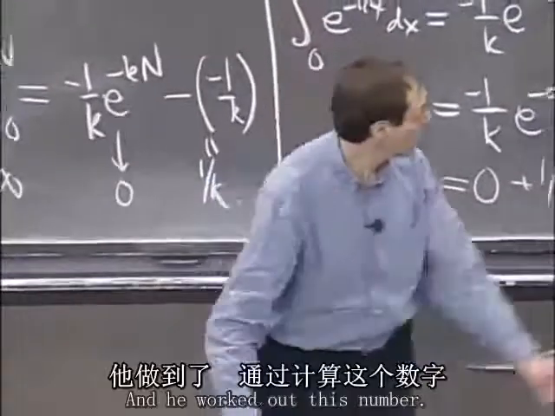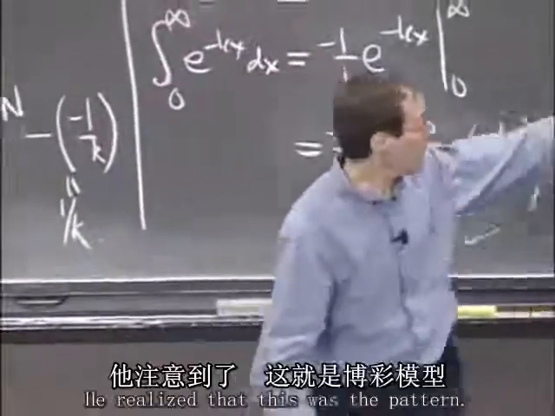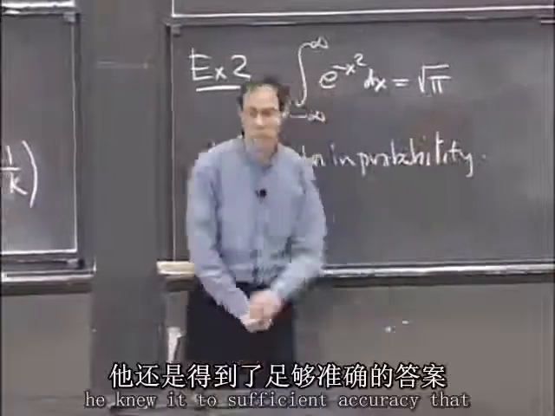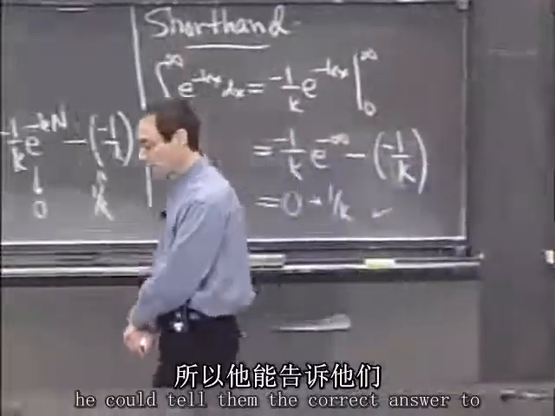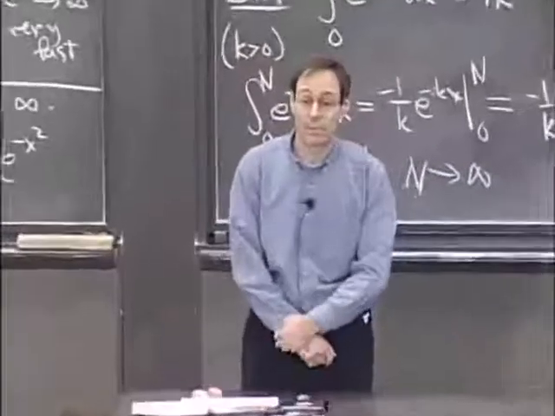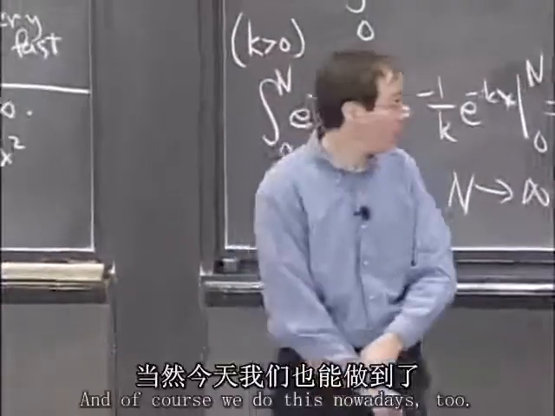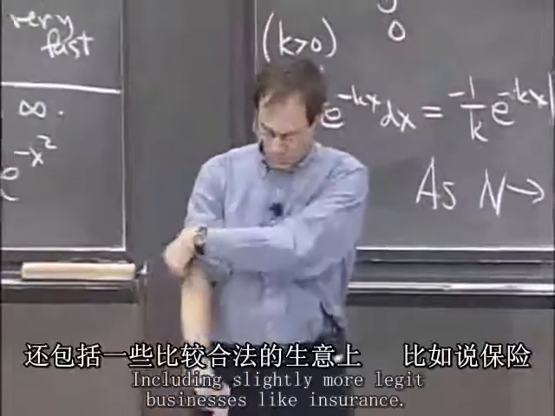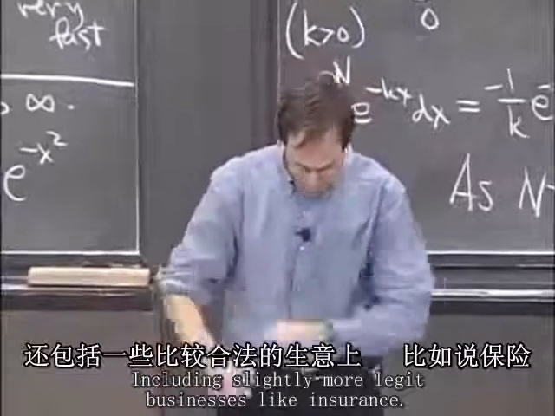And he worked out this number. He realized that this was the pattern. Although he didn't know that it was the square root of pi, he knew it to sufficient accuracy that he could tell them the correct answer to how much money their lotteries would make. And of course, we do this nowadays too, in all kinds of ways, including slightly more legit businesses like insurance.